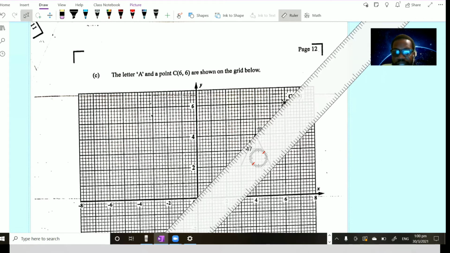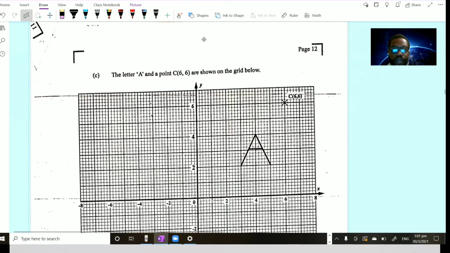So that same distance that you see there, let me just indicate from here to here, would be the same from the object to the image. So it would take me down to this point right here. Good, but because there are no units on my ruler, it's going to be tricky to use my ruler. But of course, you only need your ruler to measure that distance and you're going to get it, right? So I know that this distance will be the same. So I'm going to put the tip of the A right here.